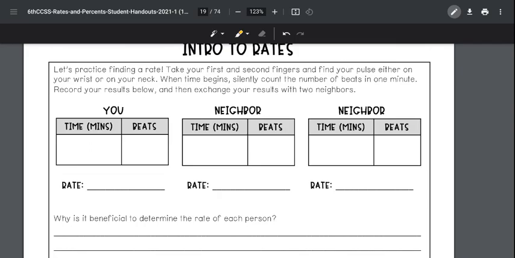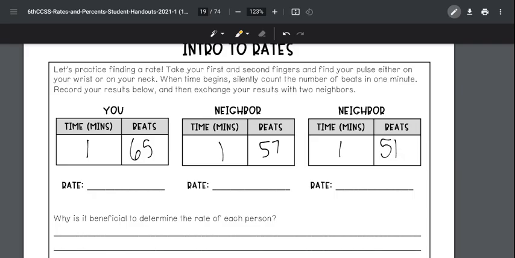So, for these purposes, we will all fill in 1 minute and we'll say that Mrs. Kenise had 65 beats per minute. We'll say Mrs. Miller had 57 beats per minute, and Mr. Scott had 51 beats per minute.